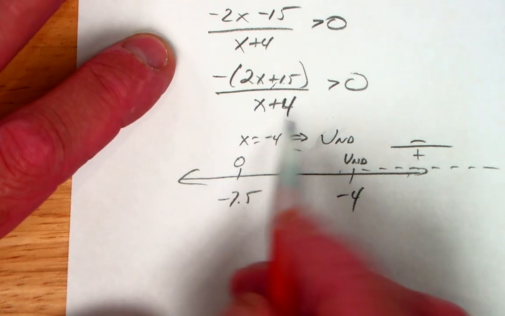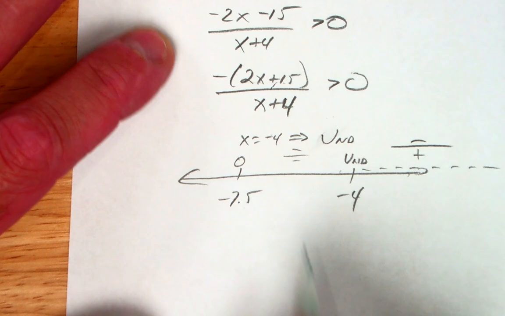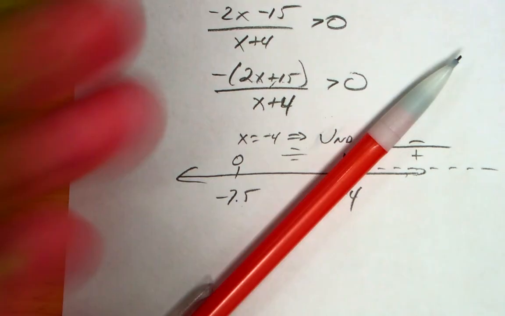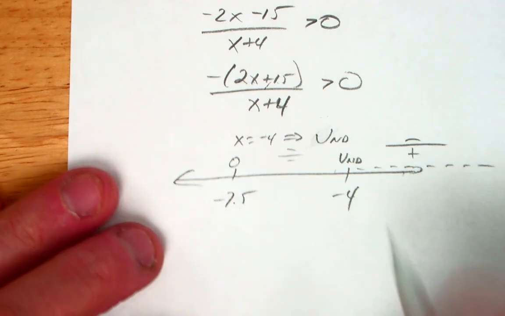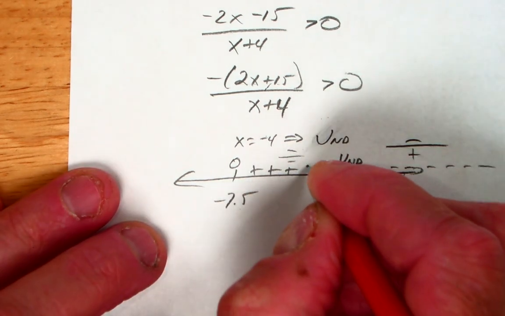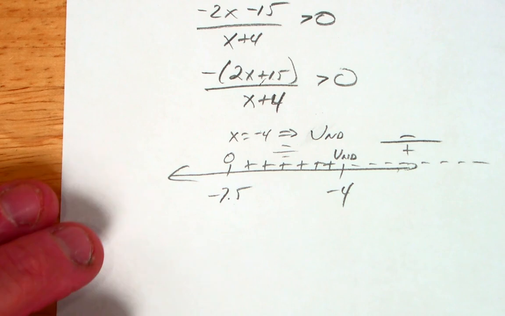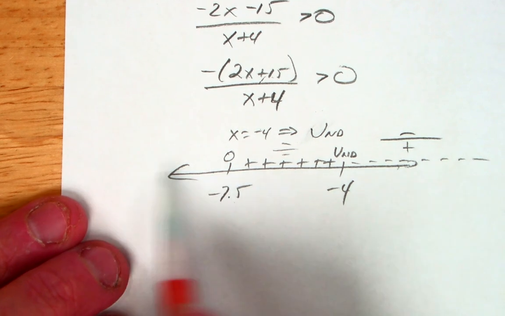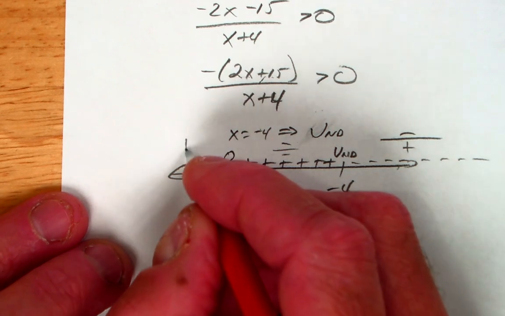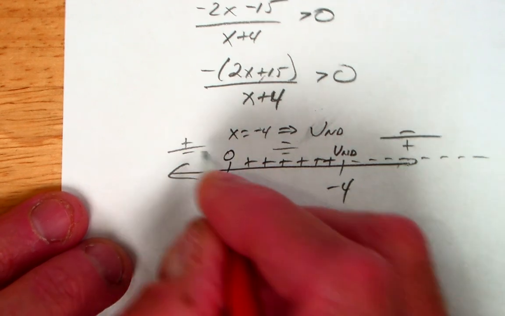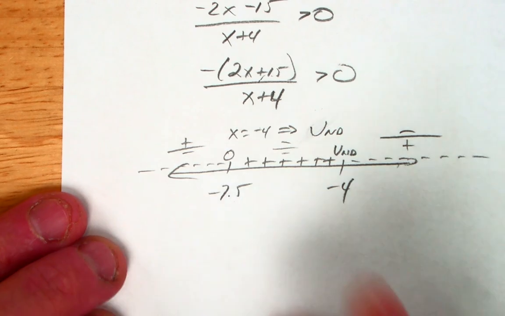And then on the bottom, I get a negative divided by a negative. I get a positive. Okay. Next section, I could plug in negative 10. That would give me a positive on the top, a negative on the bottom, which would be negatives.